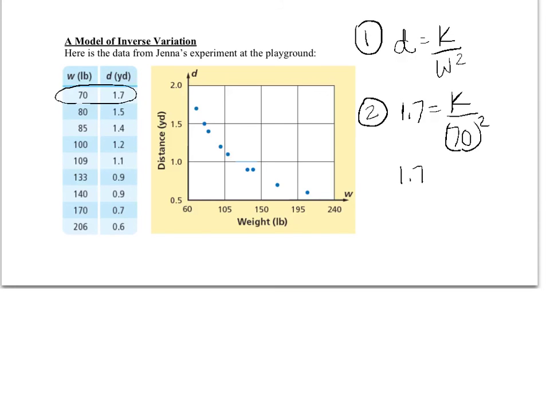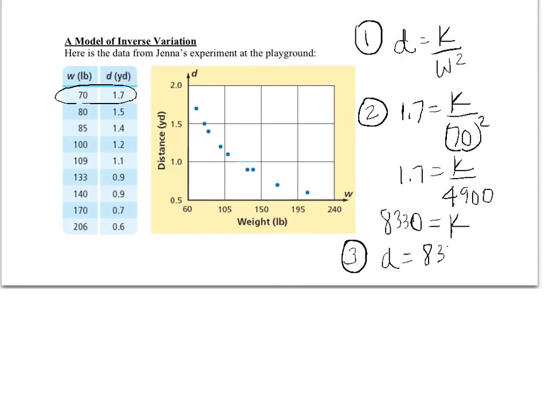I squared the 70 and I got 4,900, so then I multiply 4,900 by 1.7 and I get K is 8330. Step 3, I plug it back in, I say D equals 8330 over W squared.